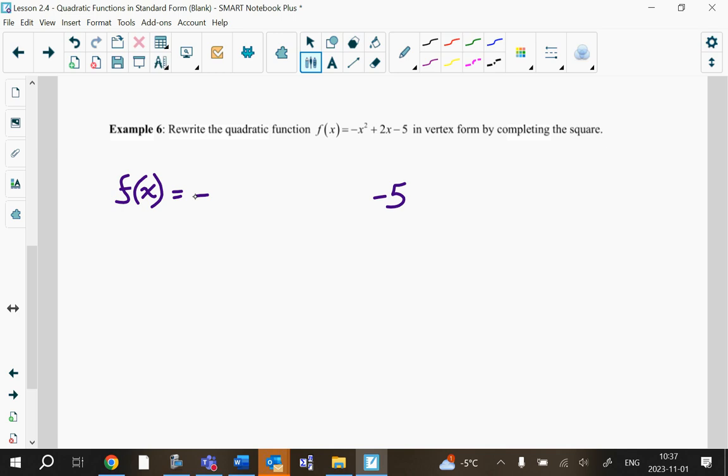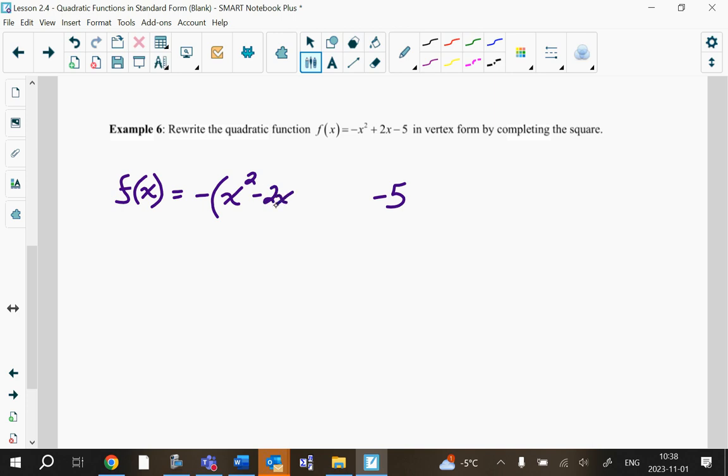What is negative x squared divided by -1? Positive x squared. And I need parentheses. What is positive 2x divided by -1? Minus 2x.